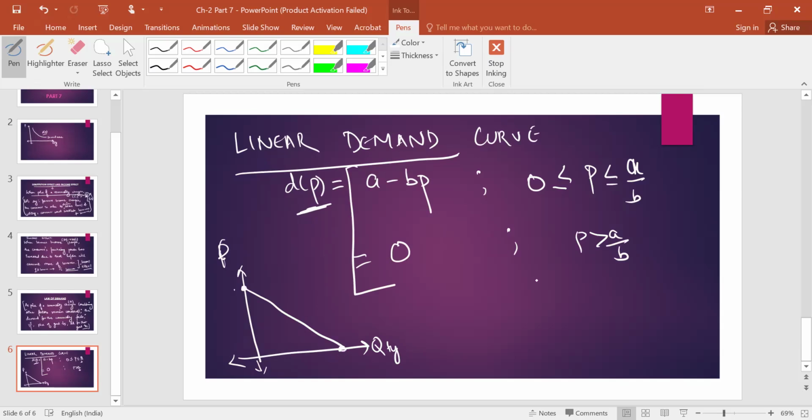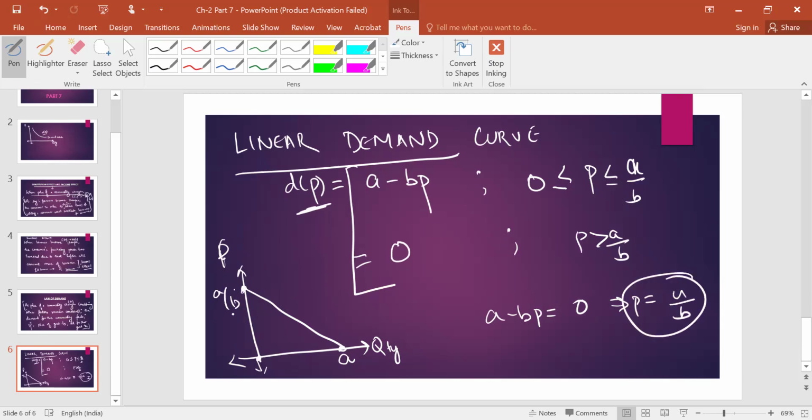What will be the intercept? That is interesting. So let's say the price is 0. Since it is a linear demand curve, when the price is 0, the demand in that case would be A. So our intercept becomes A. And what will the other intercept be? Using A minus BP, where the quantity is 0, the P becomes A upon B. Correct?